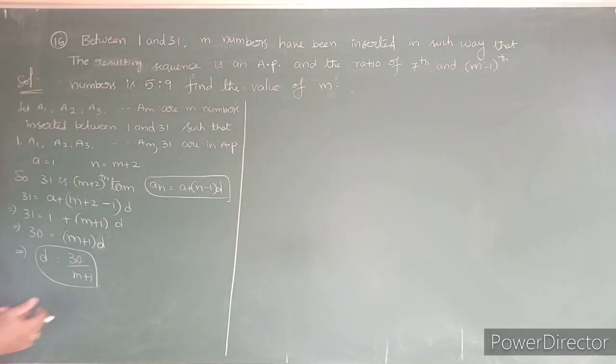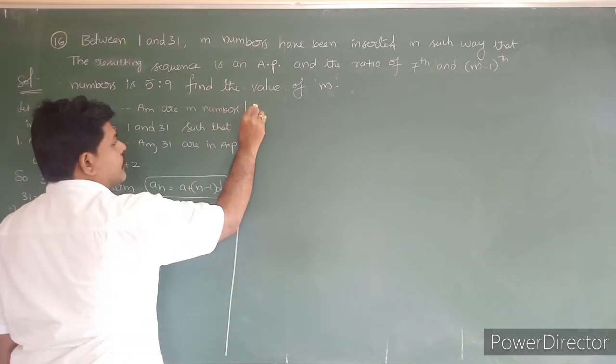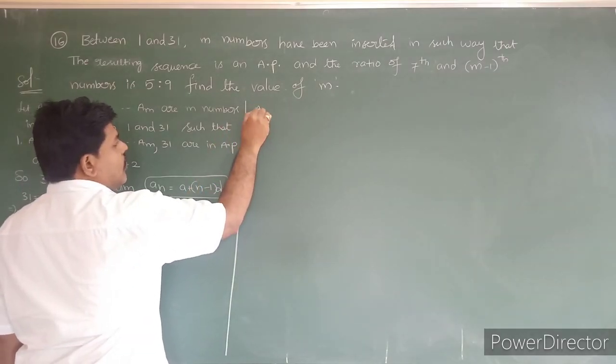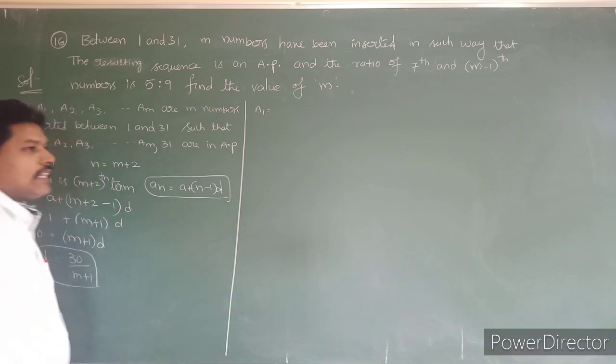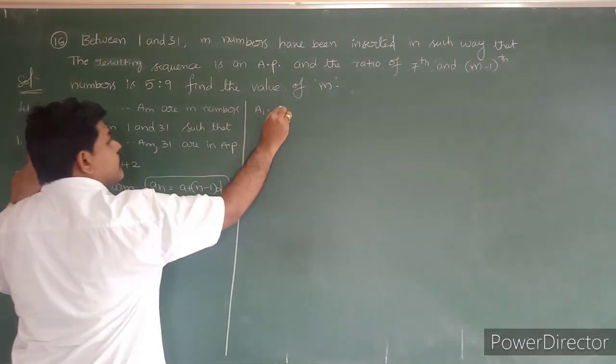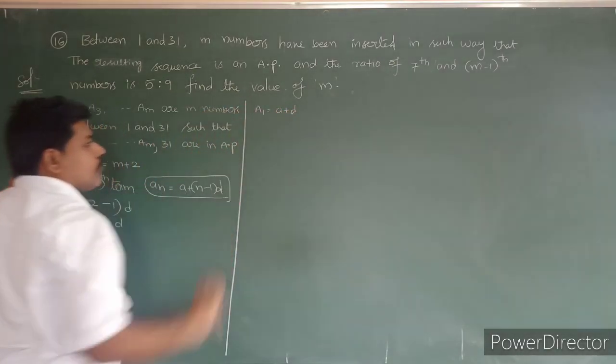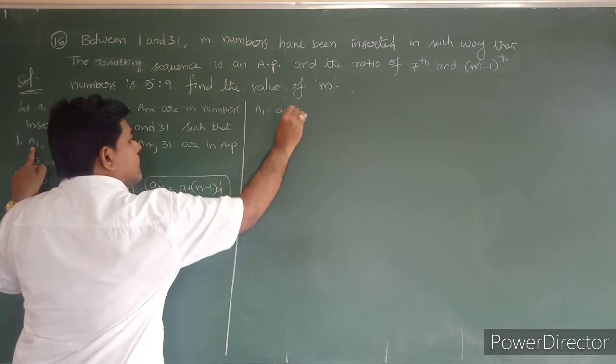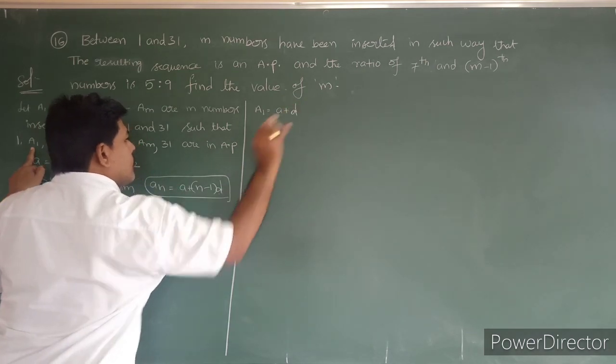So see this d value. After getting d, you can take the values. What is a1? In the arithmetic progression, the first term is a, the second term is a plus d. So a1 is the second term, that is a plus d.